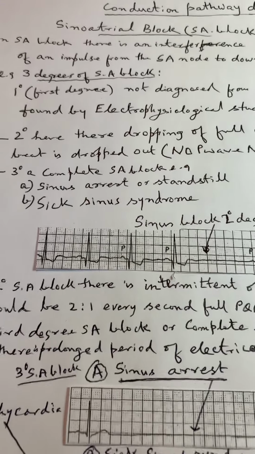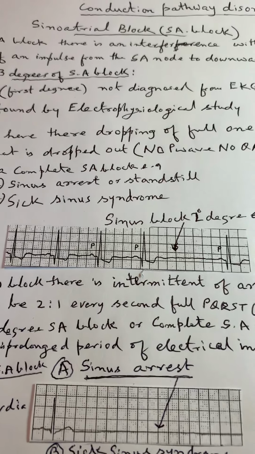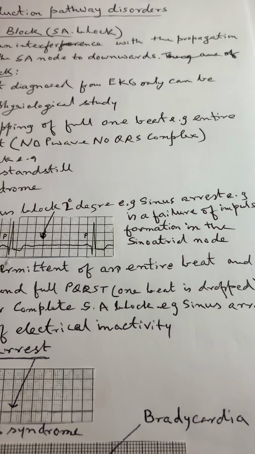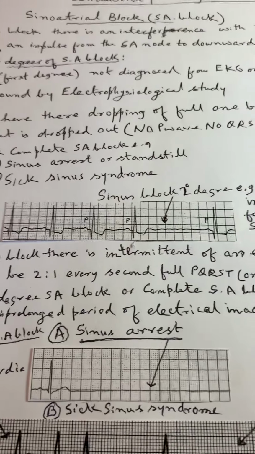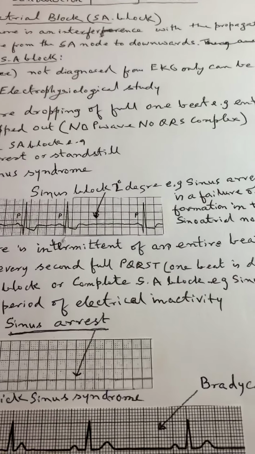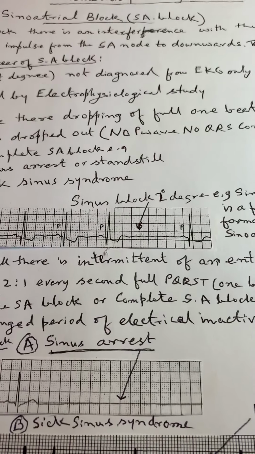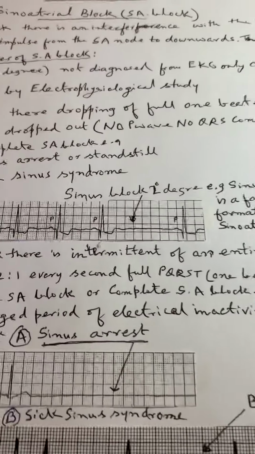So the second degree SA block results in dropping of one full beat. The entire beat is dropped. No P wave, no QRS wave. And then again it starts back. So this is known as second degree block or sinus arrest.